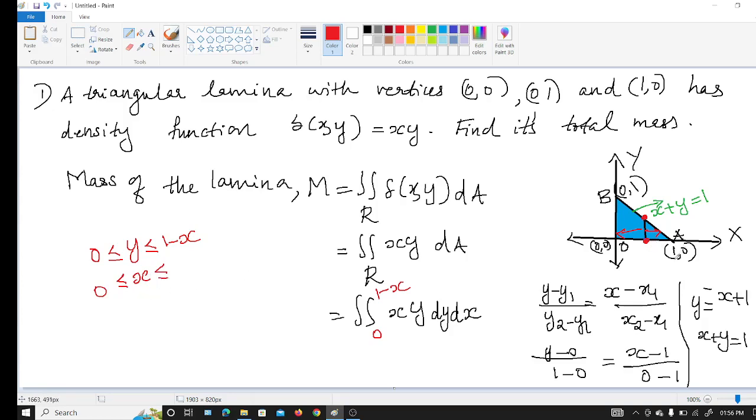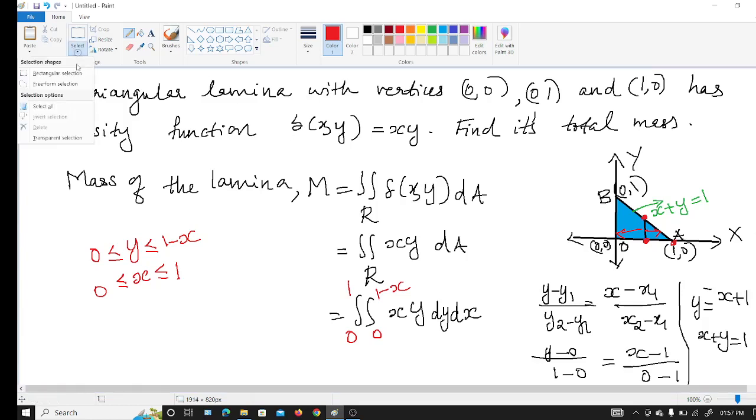That line can move only up to this point, and that point denotes x equal to 1. So here x varies from 0 to 1. Now for finding the mass, it is enough to integrate this.